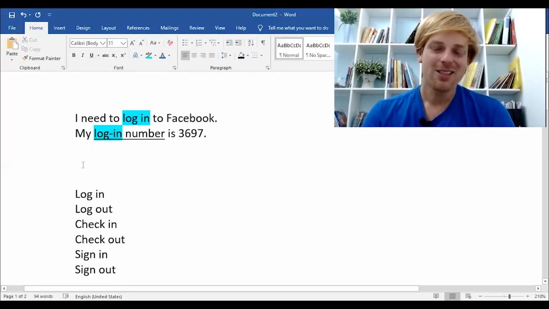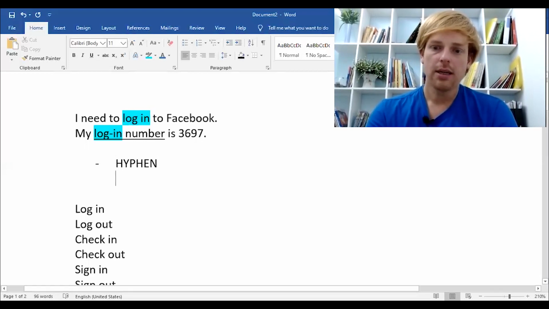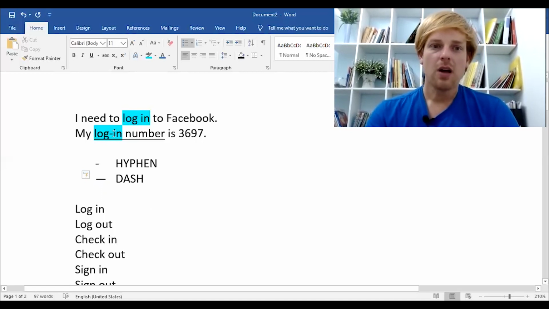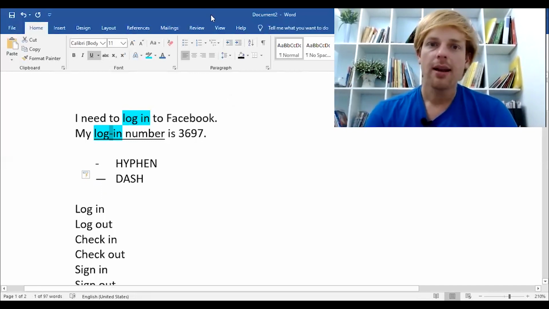FYI, that's internet speak. This right here is called a hyphen, not a dash. A dash is longer. A dash is like that. It automatically does it for you in Microsoft Word. So that's a dash, hyphen, dash. So log-in. All right, so try to recognize those, use them when you can.